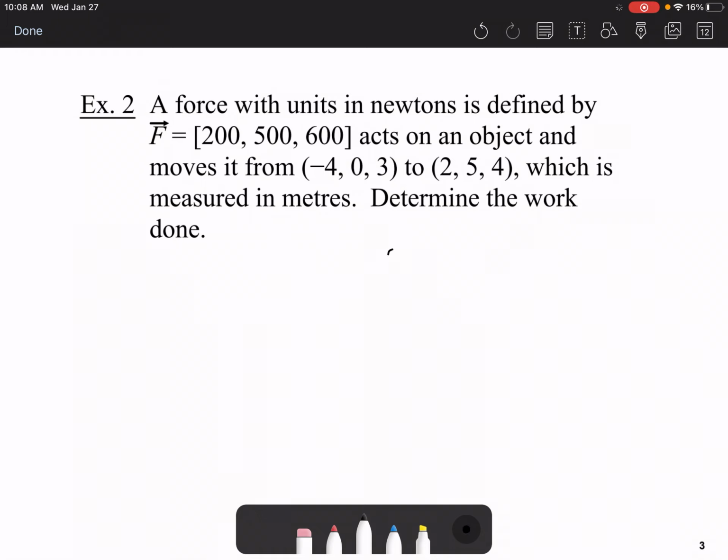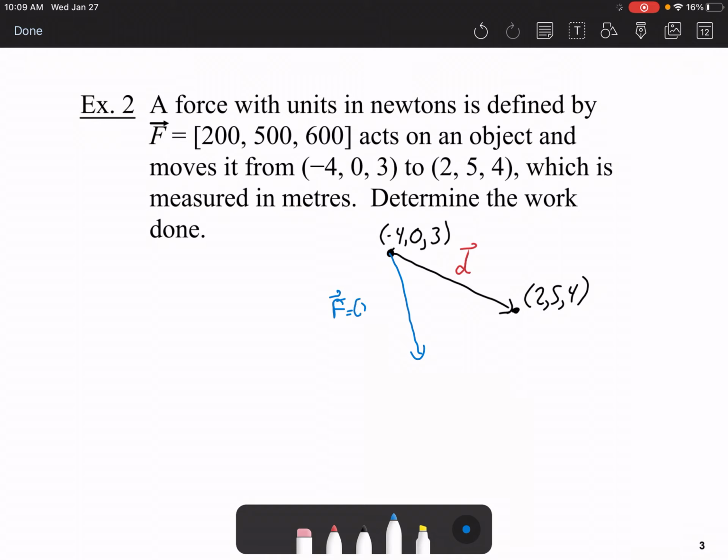So we start at this point, negative 4, 0, 3, and we go over to this point, wherever it might be in three-dimensional space, 2, 5, and 4. So this is our distance traveled. Let's say our force vector points in this direction, which was 200, 500, and 600.